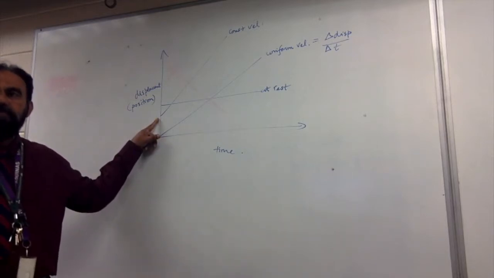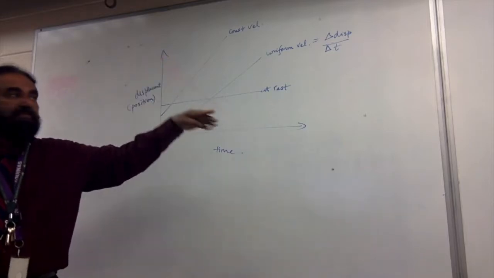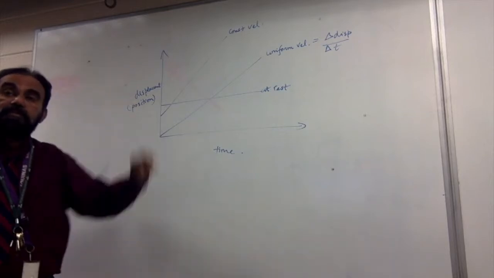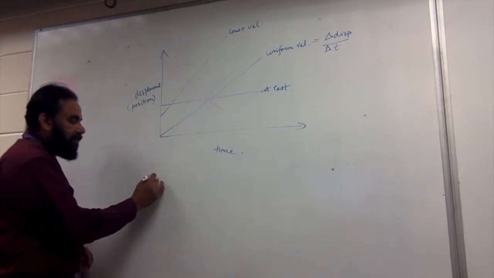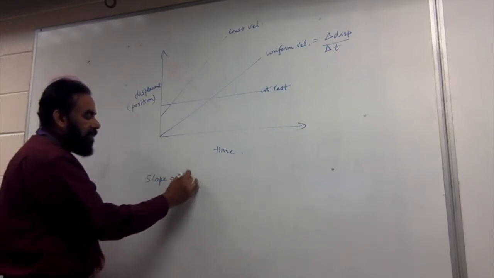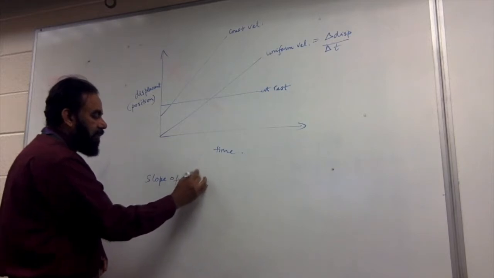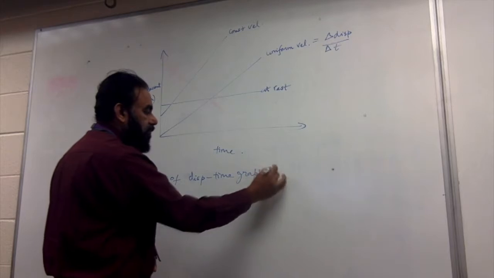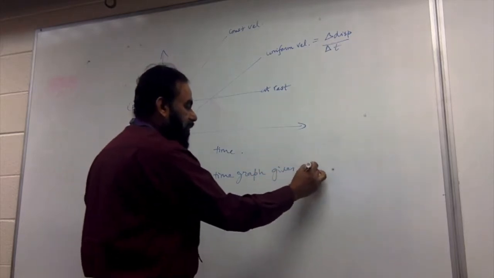The other difference between this line and that line is this one has more slope, so it is going faster. So the slope of a displacement time graph gives velocity.